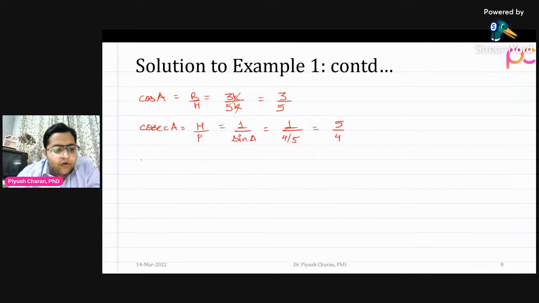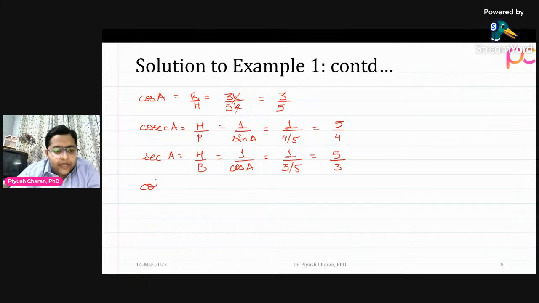This is the value of cosec A. Now we calculate sec A. Sec A is hypotenuse upon base, the reciprocal of cosine A, so 1 upon 3 upon 5, which is 5 upon 3.